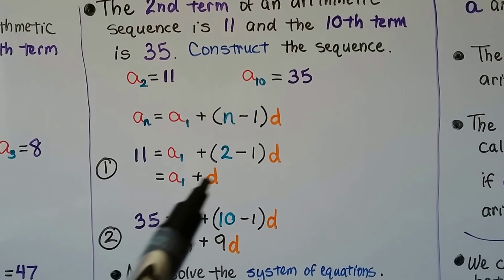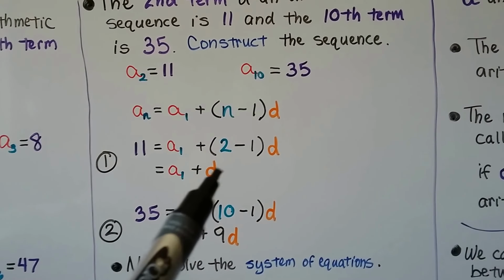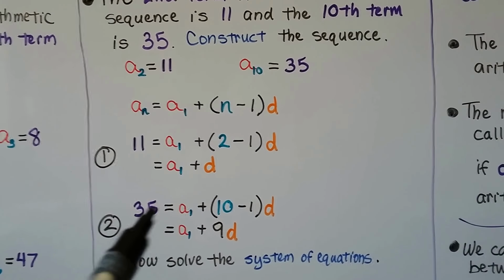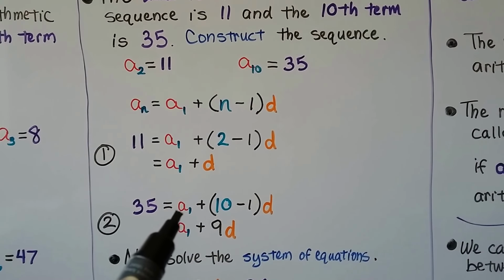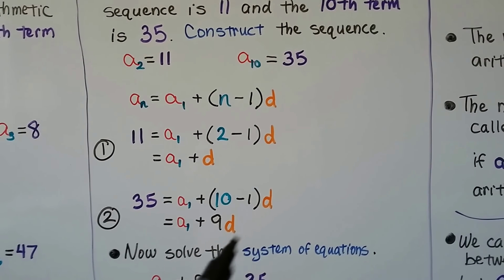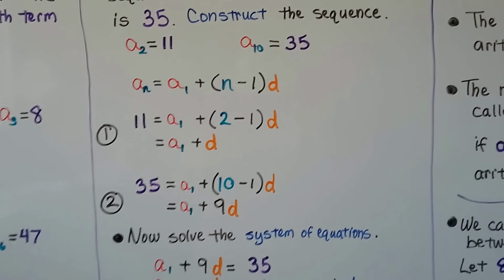We simplify this, and it's just a 1d, isn't it? So 11 equals a sub 1 plus d. So we've got that first equation. Now we do the second one. 35 equals a sub 1 plus 10 minus 1 times d. This is just a 9d, isn't it? So now we have our second equation.